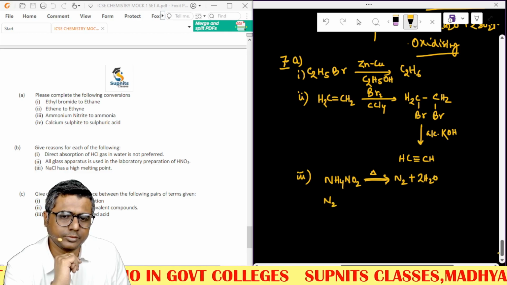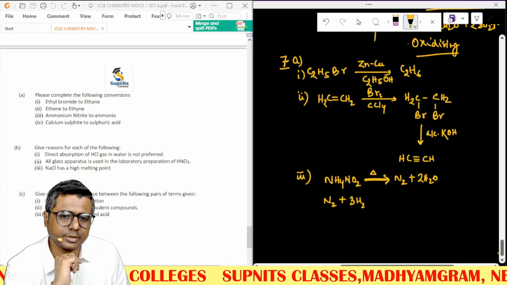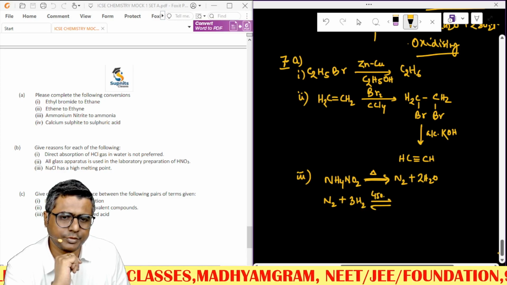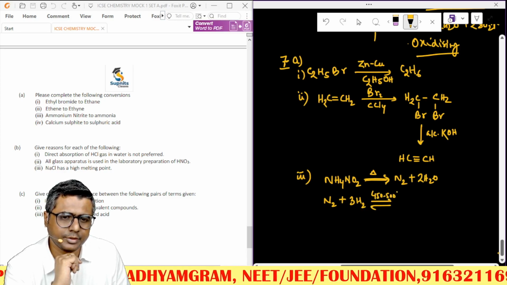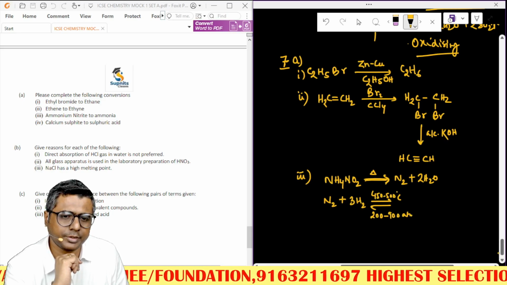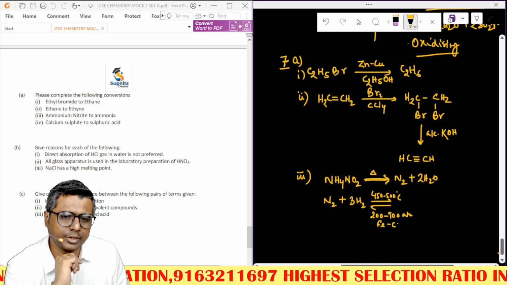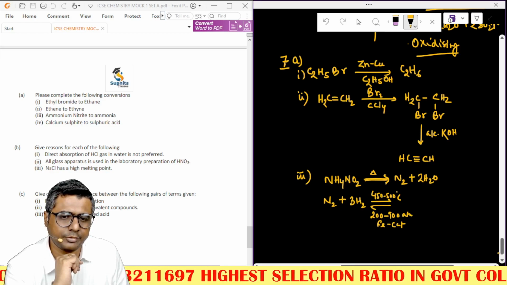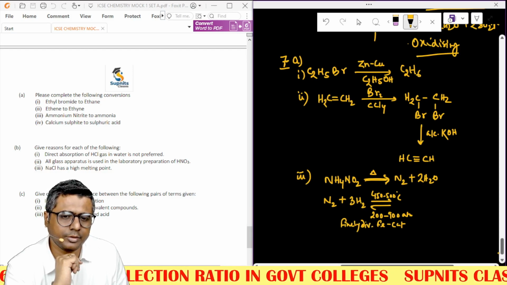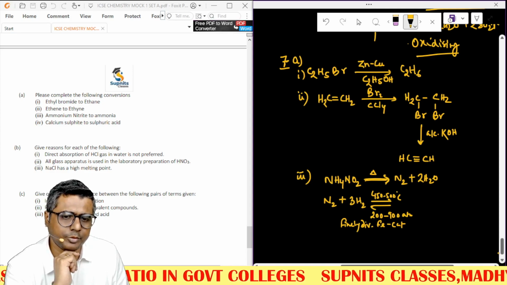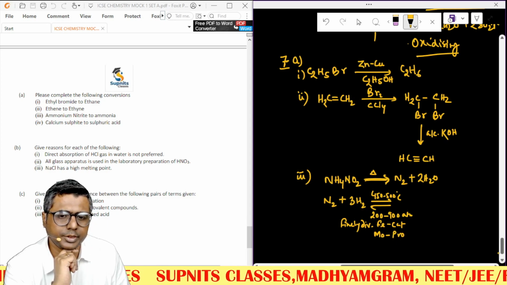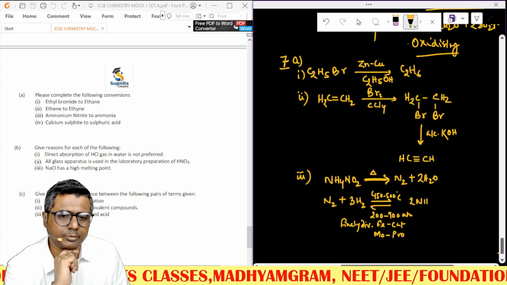This N2 can be combined by Haber's process, 450 to 500 degrees Celsius, 200 to 900 atmospheres, iron catalyst, finely divided iron, you have to write finely divided iron. Next, the promoter is molybdenum. You will get 2 ammonia.